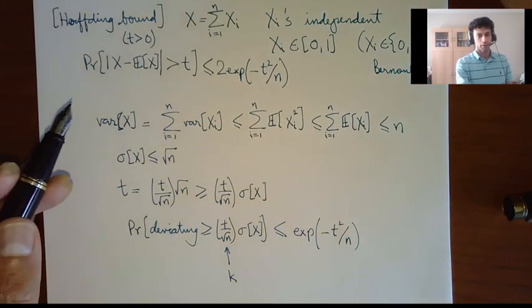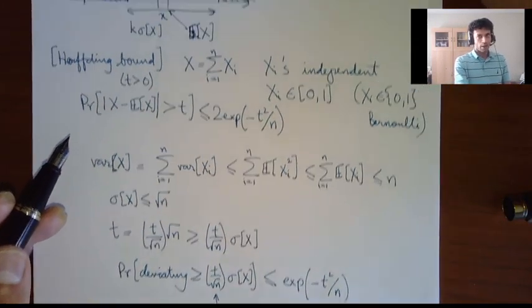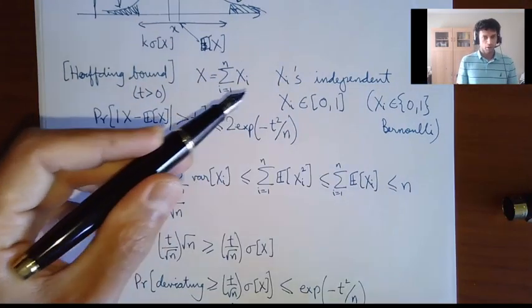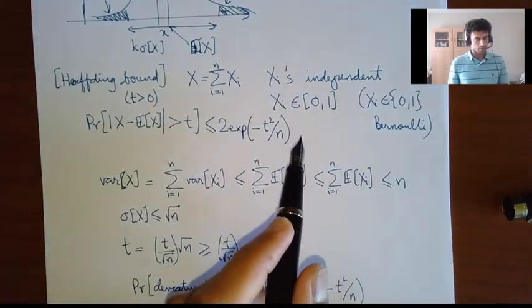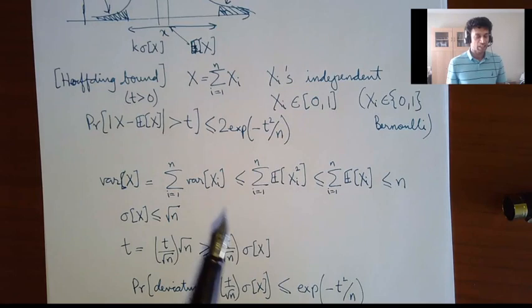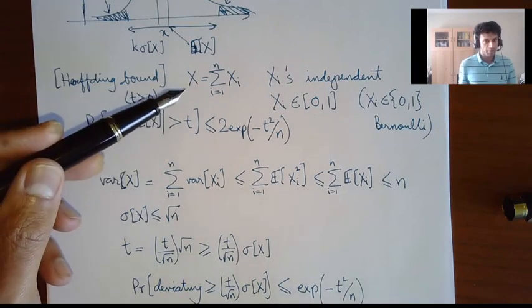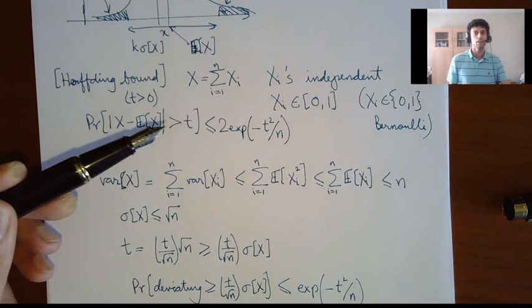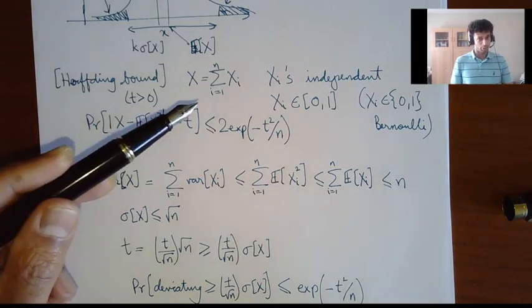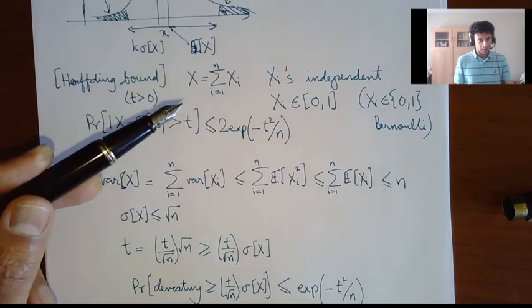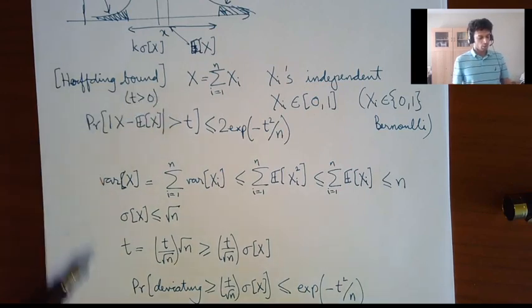So the Hoeffding bound tells me that when I have the sum of independent random variables where each random variable is between 0 and 1, they're independent, they are not identical. All I know is they're independent. If I have x being a sum of independent random variables between 0 and 1, I can treat x like a Gaussian with a standard deviation of square root n.